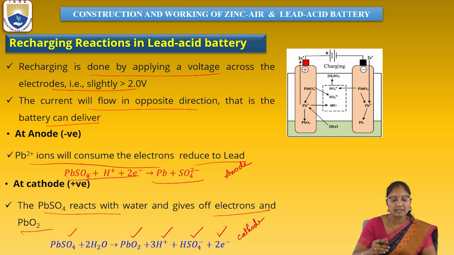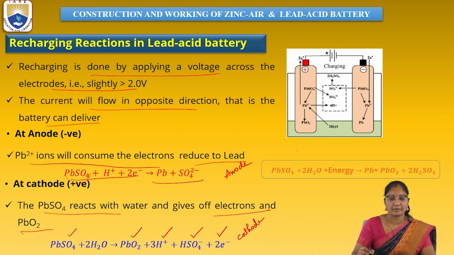So during this recharging process, the current flows in the opposite direction. The lead sulfate again splits into lead and SO4 2- ions. Here the lead sulfate plus water gives rise to lead oxide plus 3H+ ions.